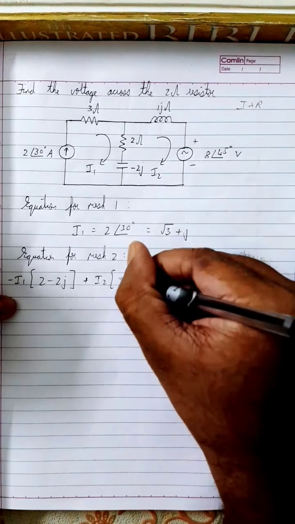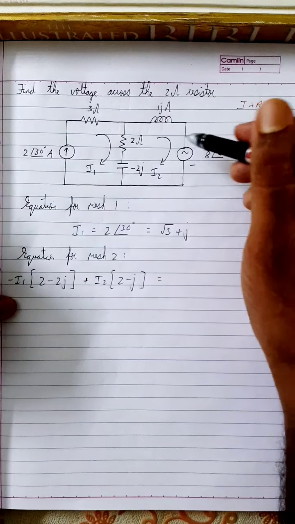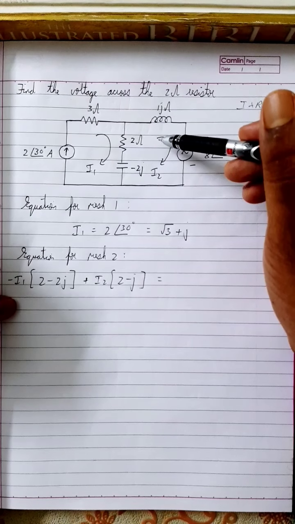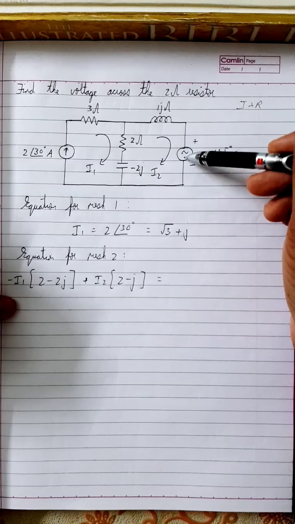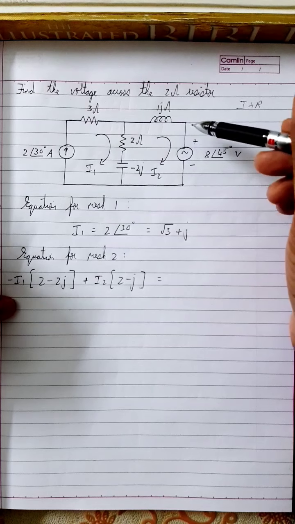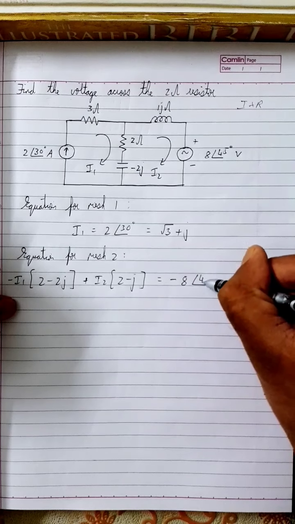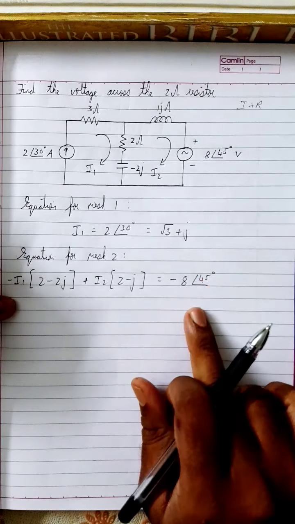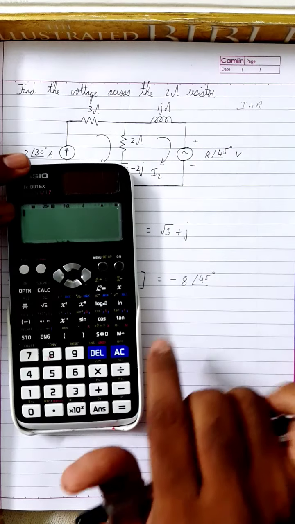So 2 minus j is equal to, and what about this voltage source? This I2 is flowing into the positive terminal, which means this positive terminal is not generating I2, it is opposing I2, which means this is minus 8 angle 45 degrees. All right, now I want to convert this to rectangular form. This is polar form.